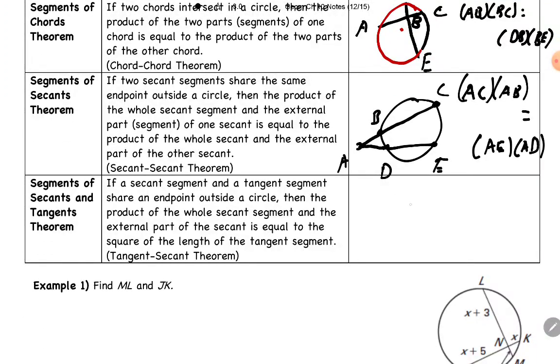And then let's look at one more, tangent and secant. Let's say we have a tangent here, and then a secant here.